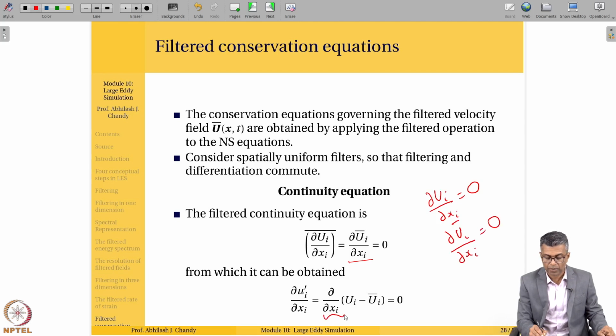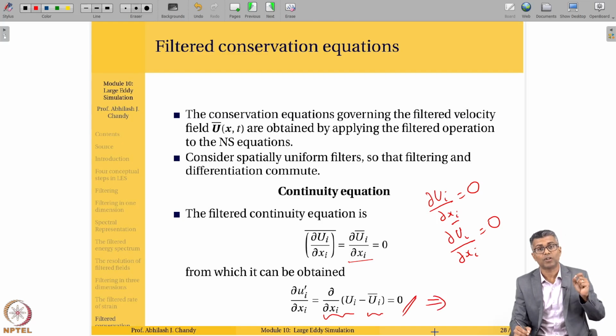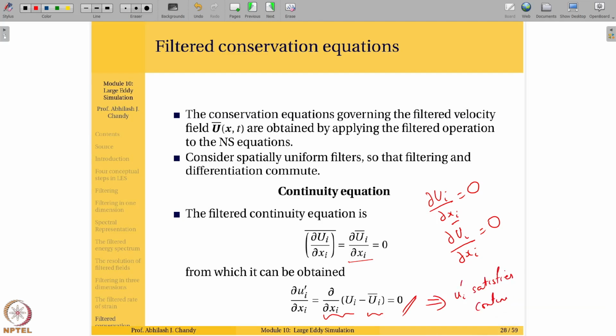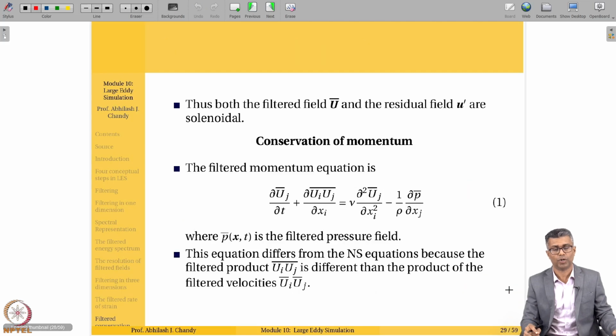So both of them equate to 0, and that is why you get 0. This implies that the residual field also satisfies continuity, isn't it? Ui prime satisfies continuity. So essentially, the conclusion is that the instantaneous field obviously satisfies continuity. We knew that already. The filtered velocity field and the residual field also satisfy continuity. That is what we get from the continuity equation.